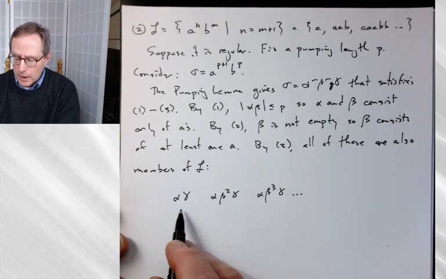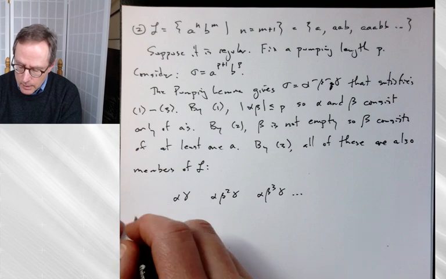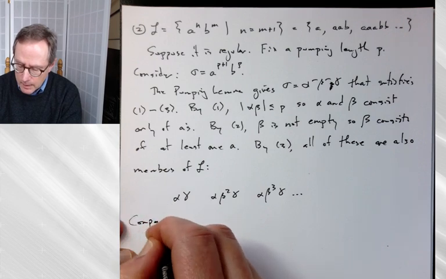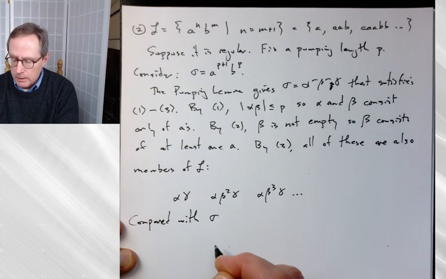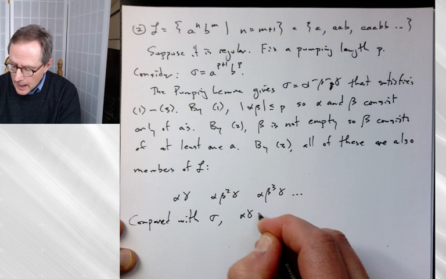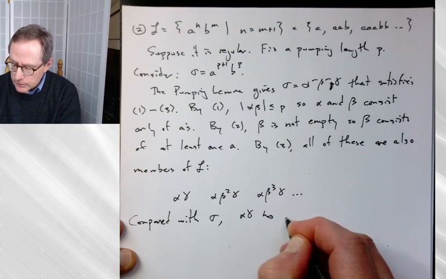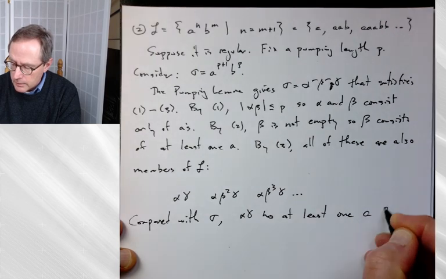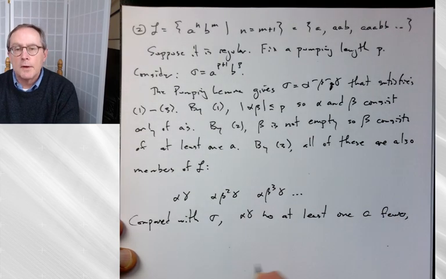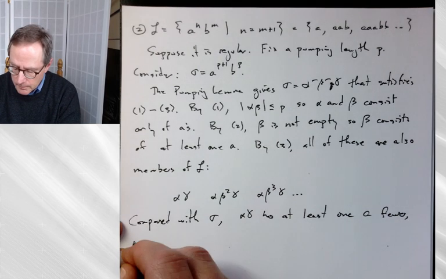So consider alpha gamma. Compared with sigma, which is alpha, beta, gamma, alpha gamma has at least one A fewer, but the same number of B's.